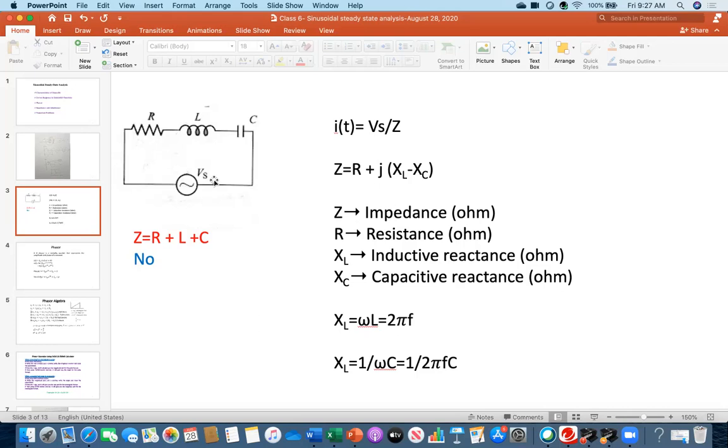When it was a DC circuit, there were always short circuits or open circuits, right? Over a long time, the inductor was short circuited and the capacitor was open circuited.